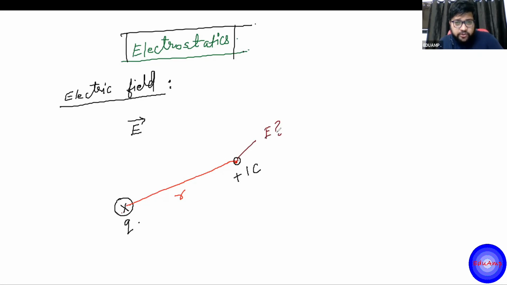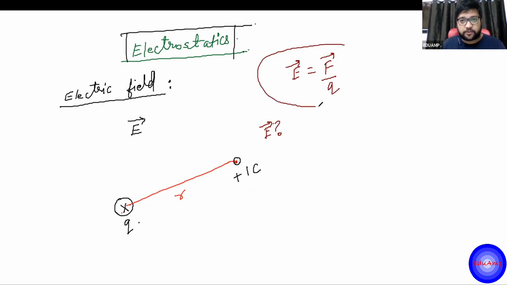What we do is simply put a unit positive charge, that is plus 1 coulomb, at the point where you want to find the electric field, and then find the force on that 1 coulomb charge. That is the electric field. So I can say electric field is force per unit charge, F upon Q.